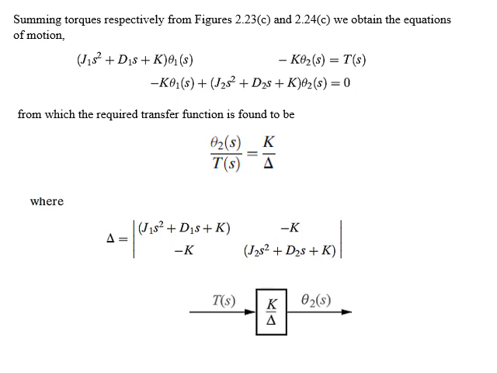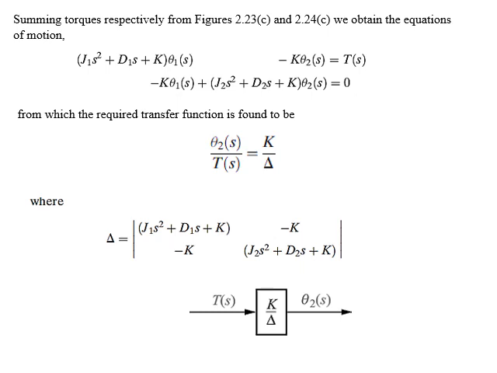Dear students, now for the equation of motion. Each equation will be found by summing all the torques on that respective free body diagram. After summing and rearranging, we will get two equations of motion.